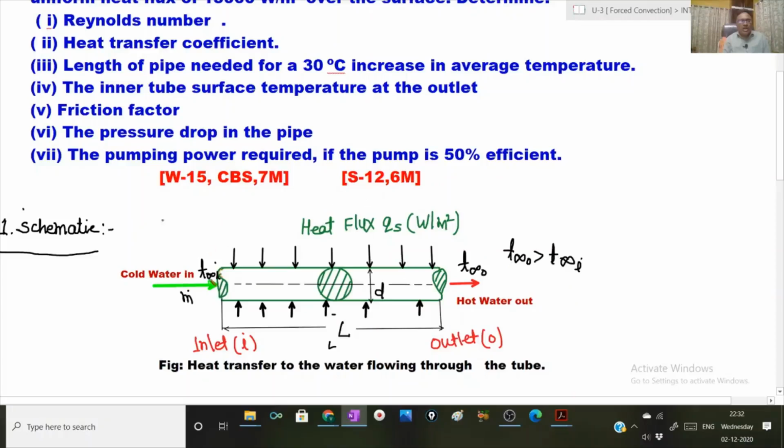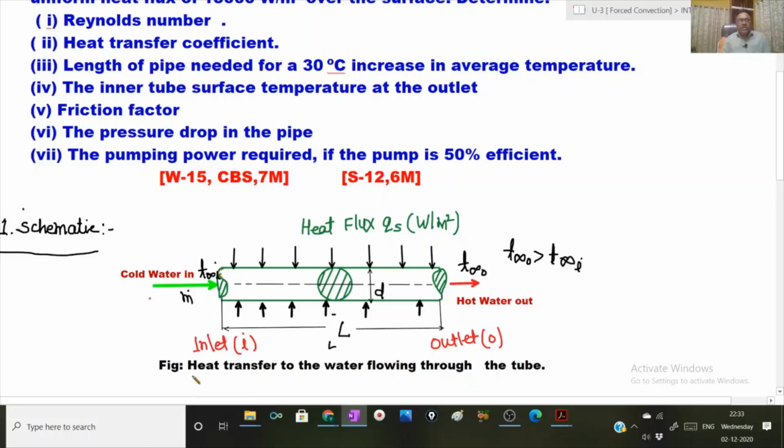Cold water at inlet temperature T infinity I is entering this pipe at mass flow rate m dot. While moving through the pipe, it is heated by the heat flux supplied by the electric heating coil, and it leaves at a temperature T infinity O. Obviously, T infinity O is greater than T infinity I because of heating.